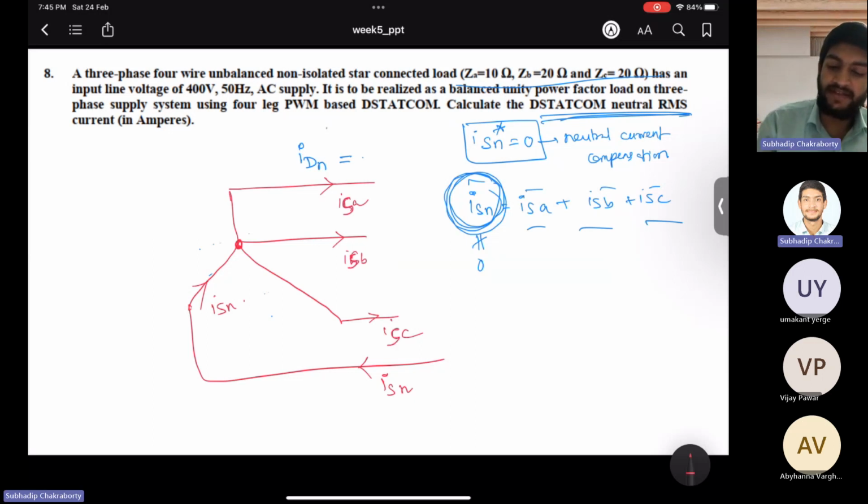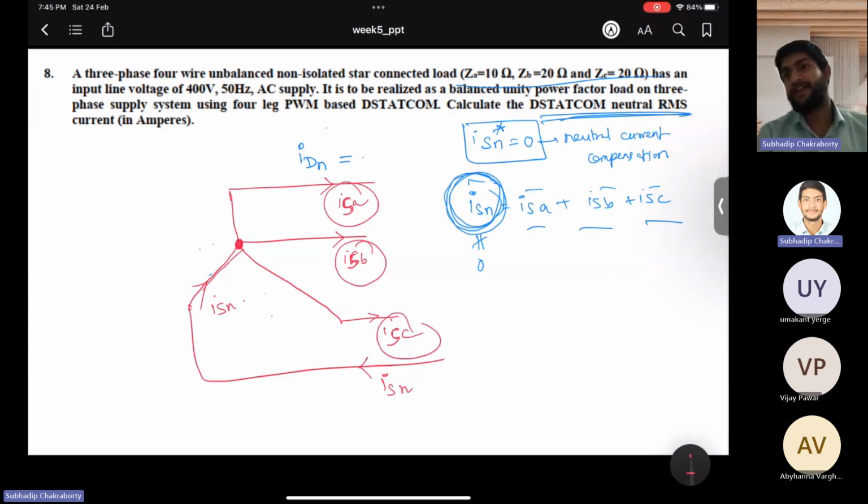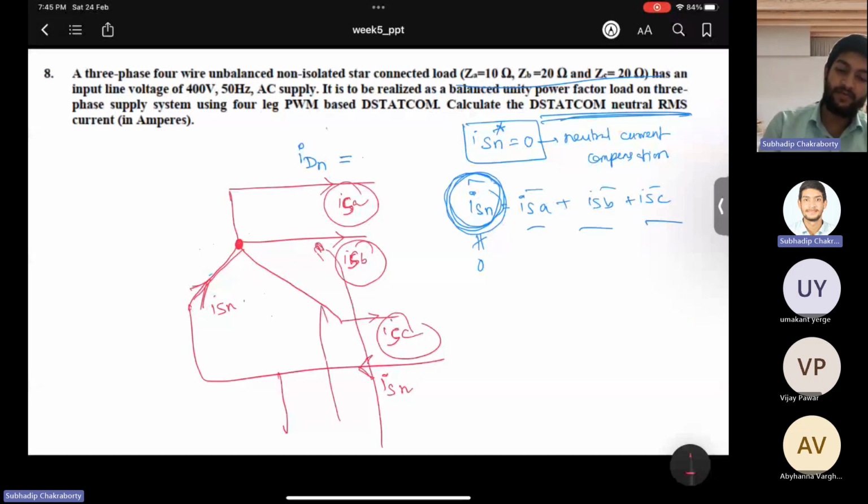As you can see, ISA plus ISB plus ISC is summing up at this node to form ISN. Now I don't want this ISN. I want the neutral current to be 0. So I connect the DSTATCOM 4th leg here, and this current will be appearing here, such that this current is 0 in the line.